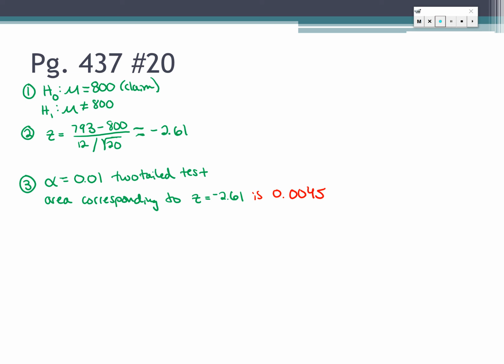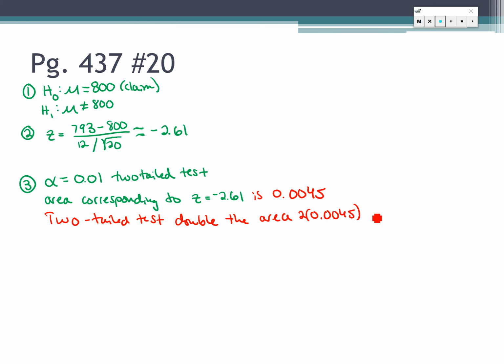Now, since it's a two-tailed test, if it was a one-tailed test, we would be all set. Left tail or right tail, we would be set. Since it's a two-tailed test, we have to double. I'm just going to make the note here why we're doubling it. Two-tailed test. We need to double the area.